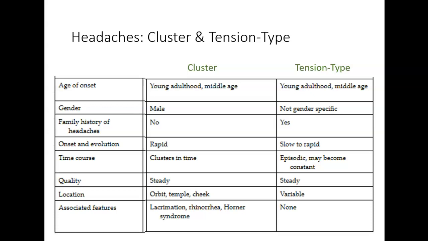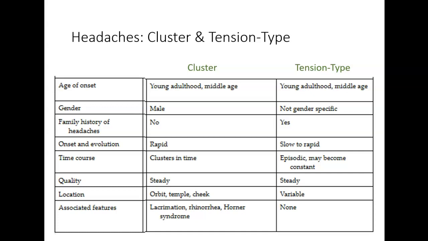They tend to hit around the orbit of the eye, your temple area, your cheek, and can cause lacrimation, rhinorrhea, and Horner syndrome. I forgot what Horner syndrome is, but I'll let you know by the end of the lecture.